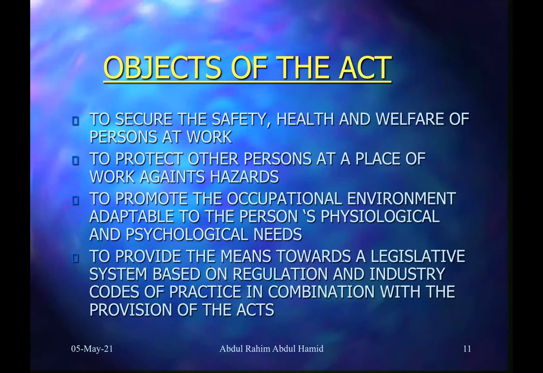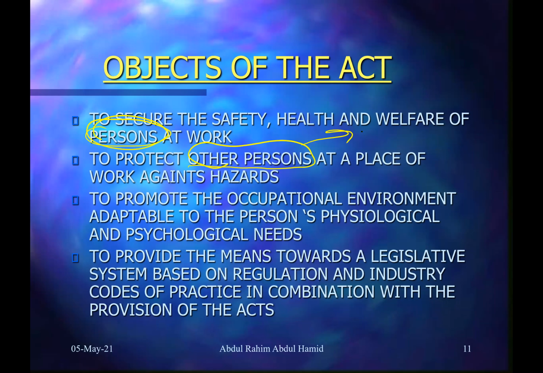Okay, objective of the Act. There are four objectives: to secure the safety, health, and welfare of persons at work. Persons at work. Then the second objective, to protect other persons. So other persons could basically refer to visitors, dispatch, people who send parcels and letters to your office.